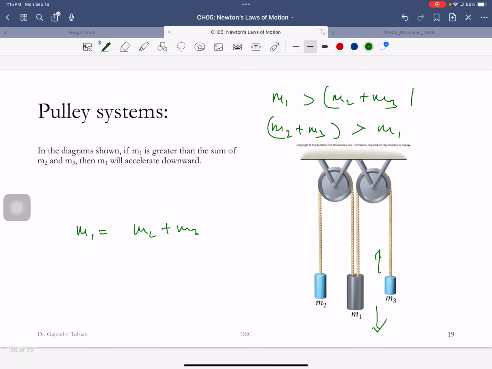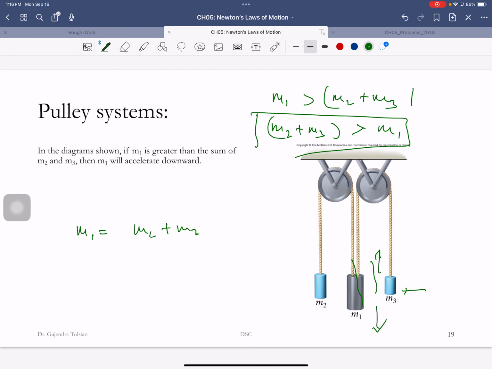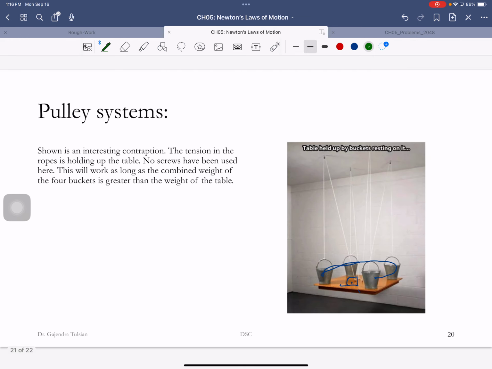So here's an interesting application of this. Okay. So if M2 and M3 are greater than M1, it should accelerate upward. But what if we block the upward acceleration? And that's what's done here.